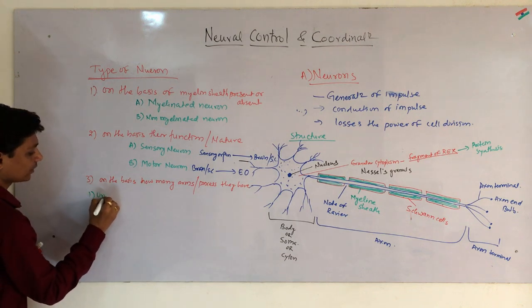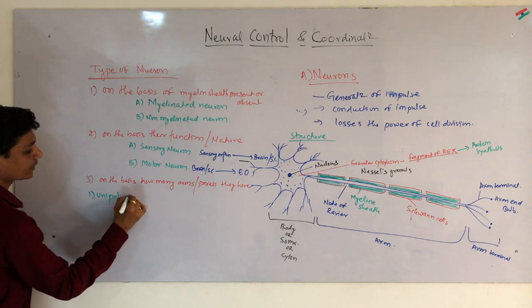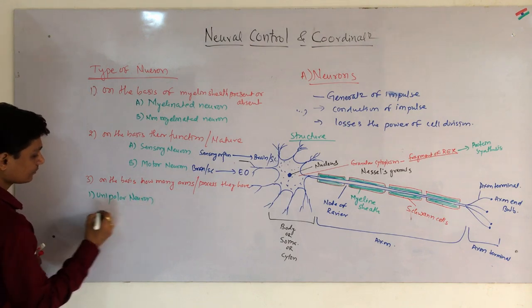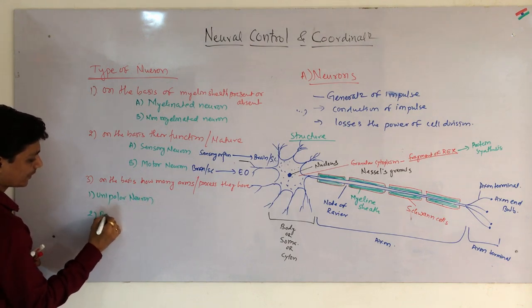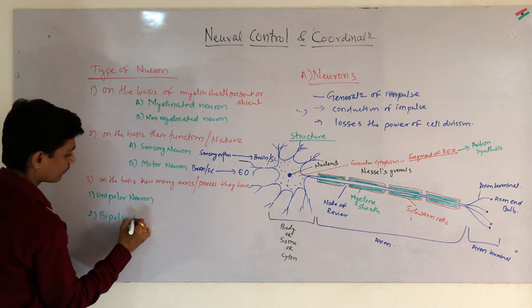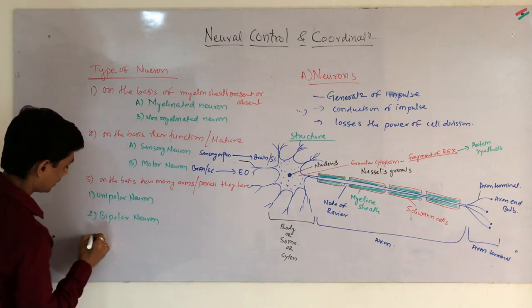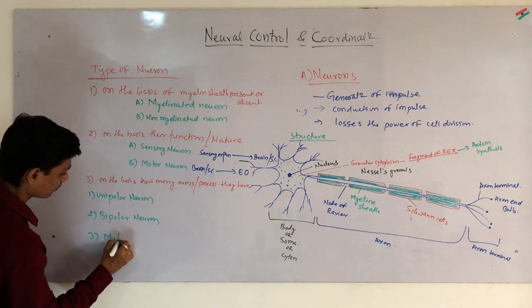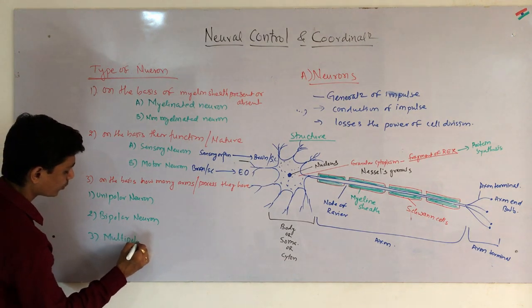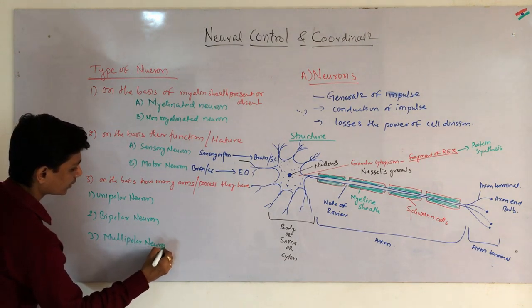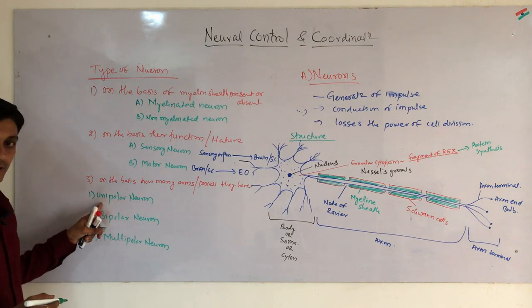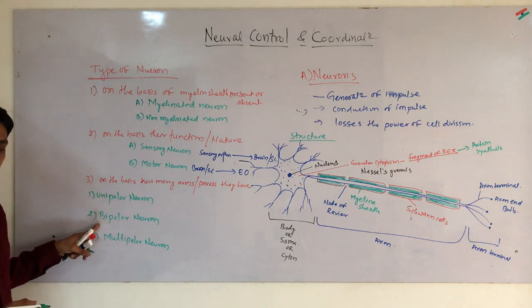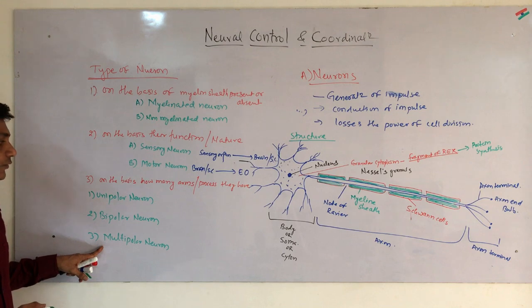One, unipolar neuron, second, bipolar neuron, and third, multipolar neuron.